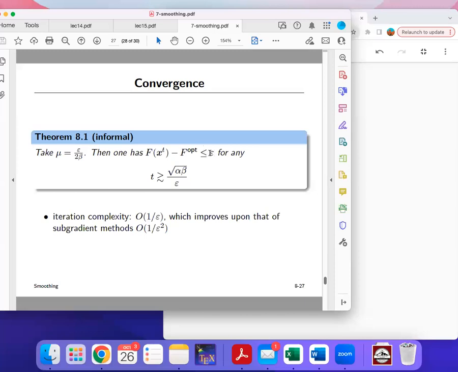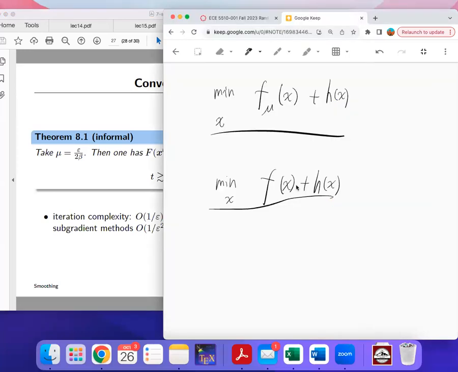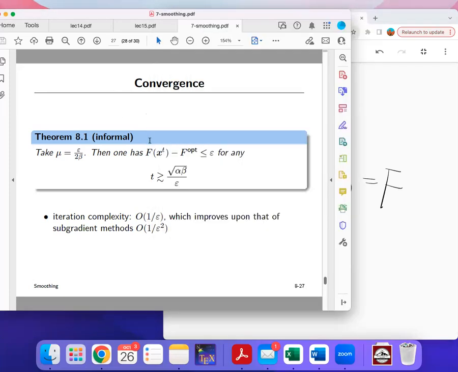So suppose we want to achieve a target accuracy epsilon. This f corresponds to the objective function of our original problem, which is f plus h. So our goal is to achieve epsilon accuracy on the original problem. This is our ultimate goal.